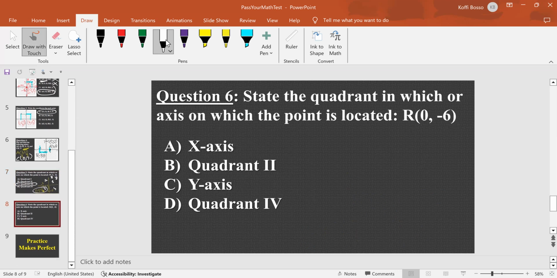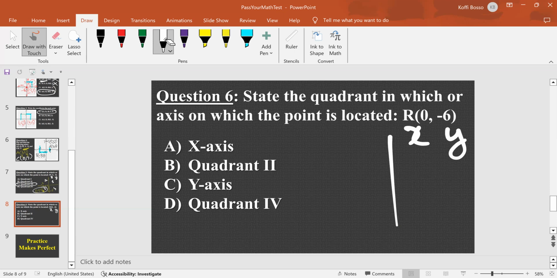Question 6: state the quadrant in which or axis on which the point is located. This time we have a point R where the x value is 0 and the y value is -6. Again, remember, every time you have a point where the x value is 0, that means the point is located on the y-axis.